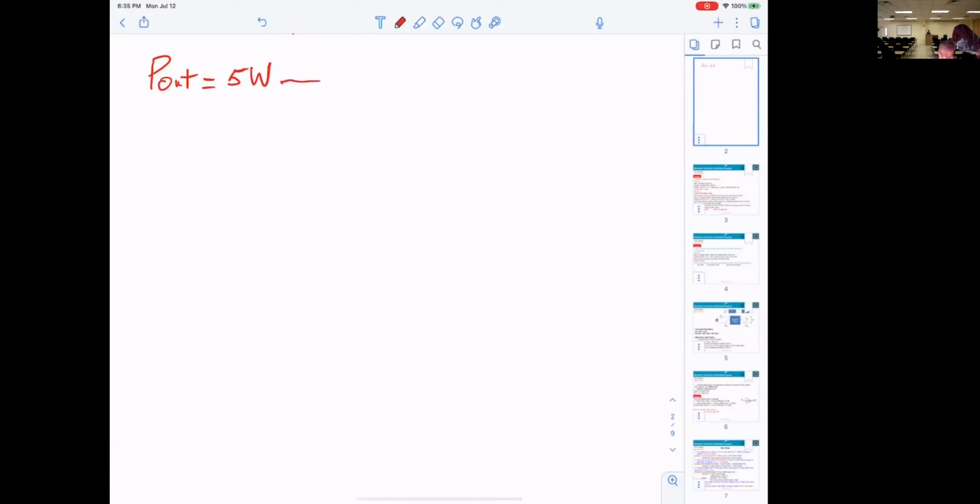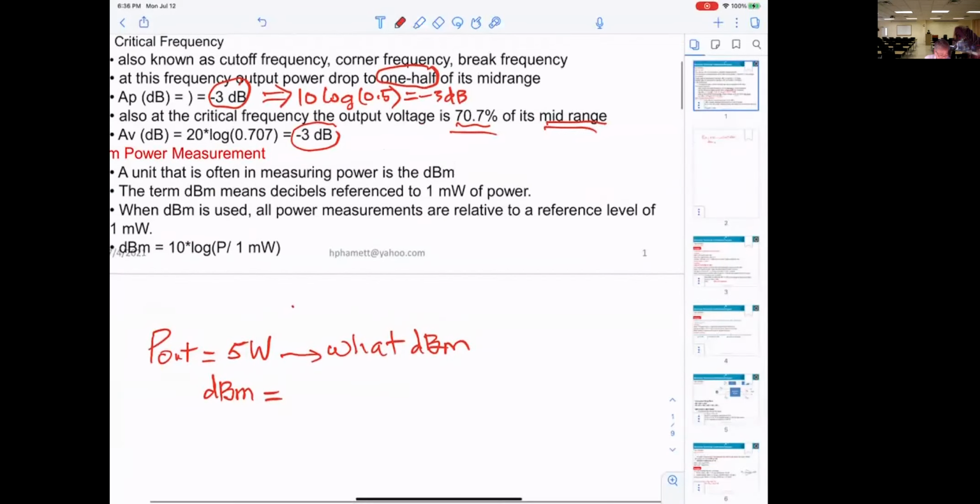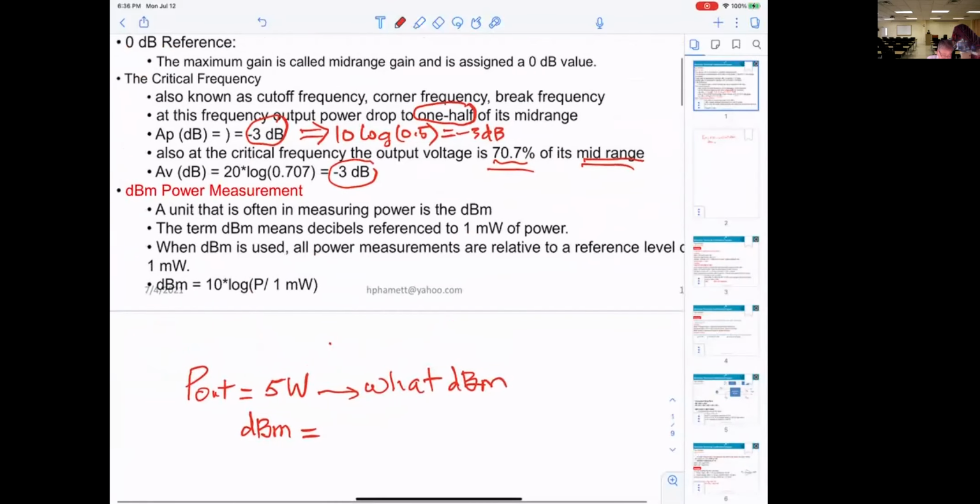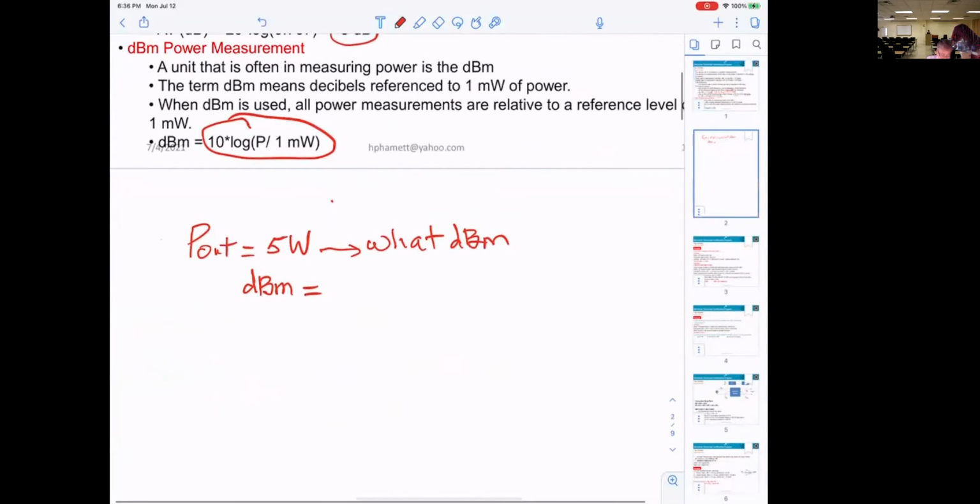They are asking for the dBm. By definition, dBm equals 10 times log of the power P over 1 milliwatt.